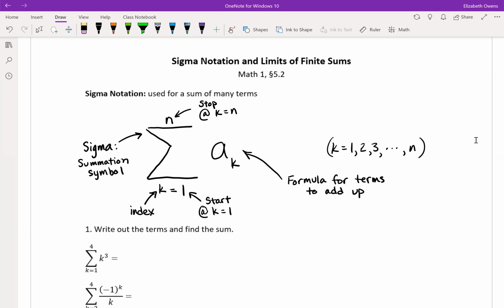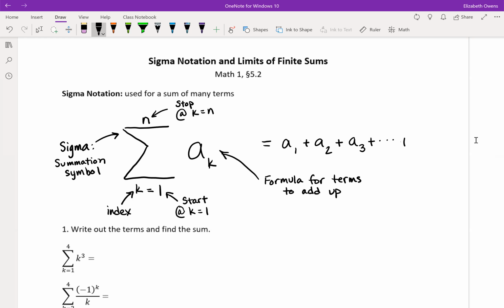So if we do it very generically, this means we're going to add up a sub 1 plus a sub 2 plus a sub 3, and then you keep going until you get to that stopping index, a sub n. That's what the sigma notation tells us. It gives you the formula for these terms, how many terms there are going to be, where to start, where to stop, and then you add all those terms up.